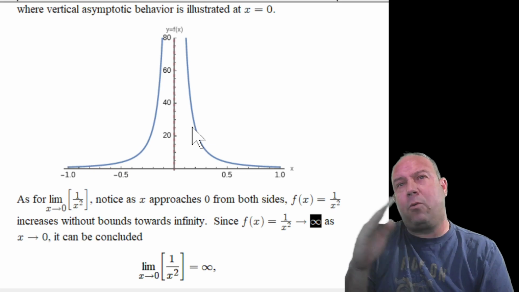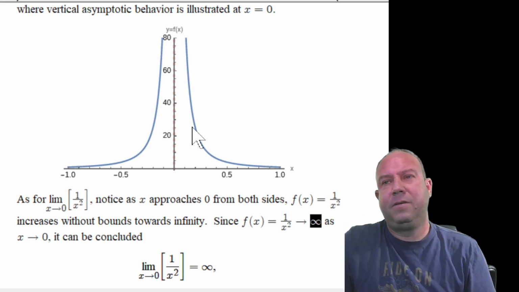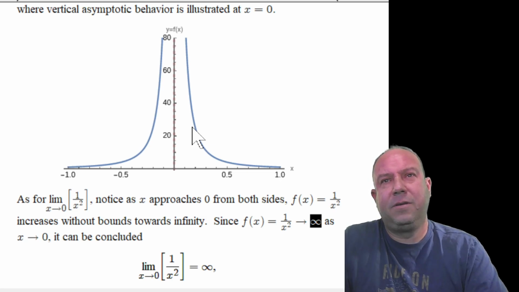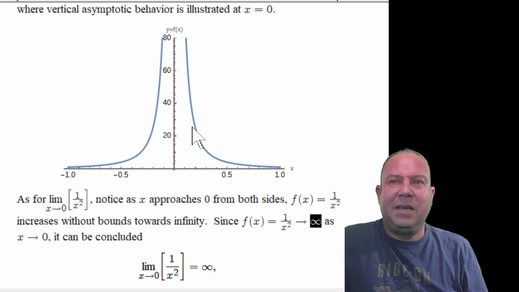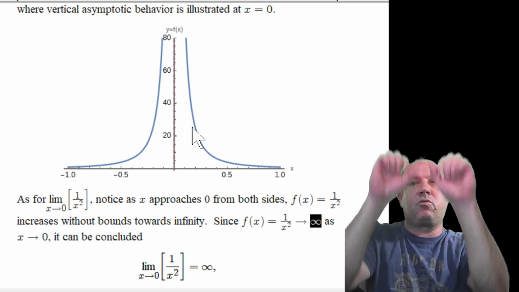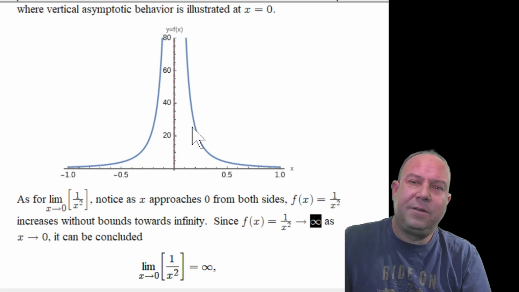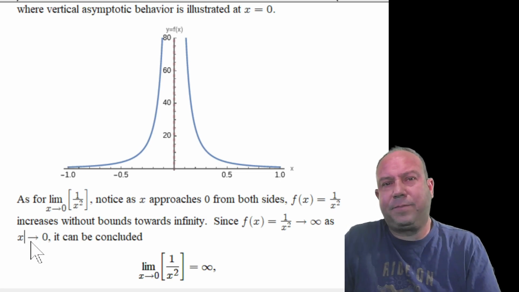If they did, we couldn't call it functional behavior, and 1 over x squared is illustrating functional behavior. So they're always getting infinitesimally close to 0 while trying to reach that unreachable value of infinity, all occurring as x heads off to the value of 0.